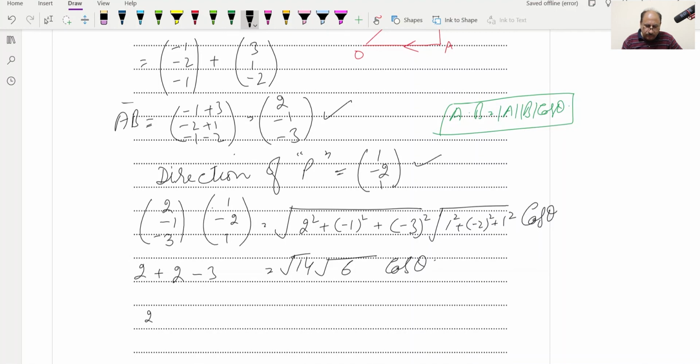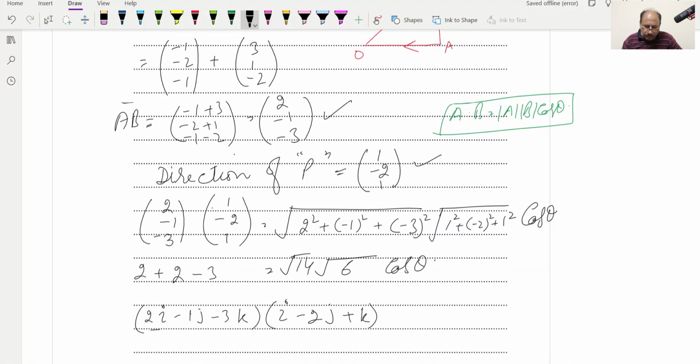If you want explanation, we can write this one as 2i minus 1j and minus 3k, and the other one as i minus 2j plus k.